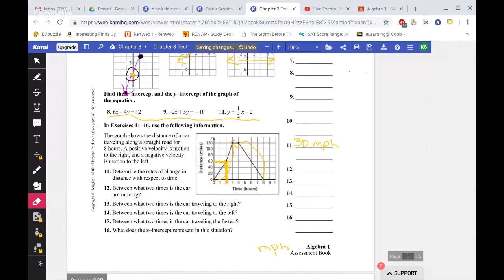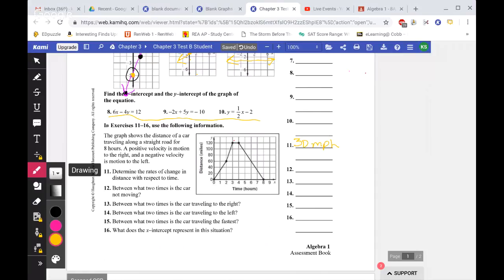Being able to just read the graph. I'm going to erase this one. And then the next one that we're going to talk about is from here to here. So we've got 120 at the top minus 60, because this is our y-axis, so that goes on top.